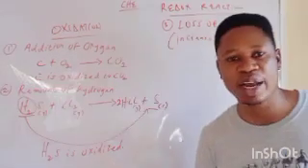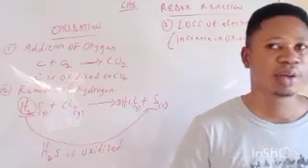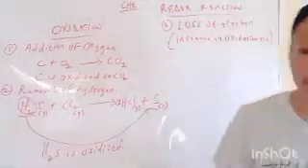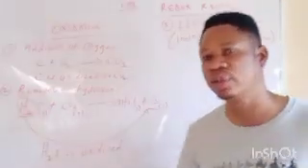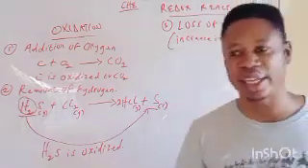It means when there is an increase in the oxidation number of an atom, such atom is said to undergo oxidation. So it's another version of saying loss of electron.